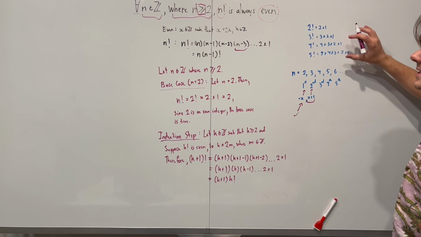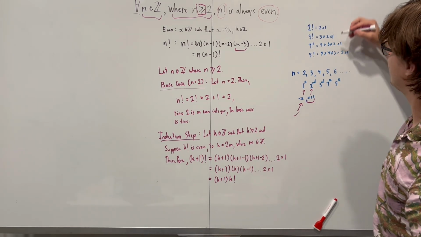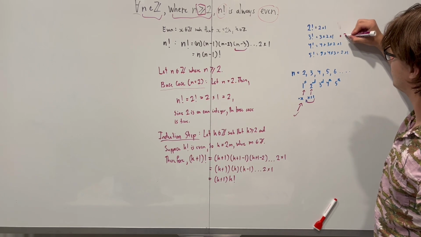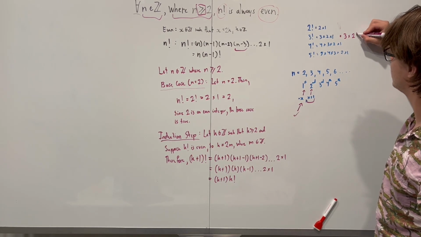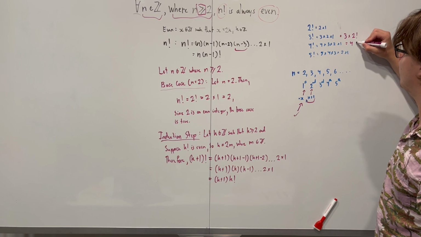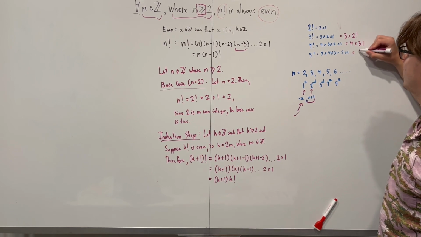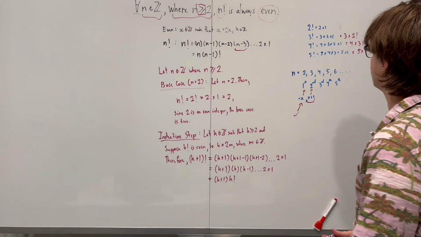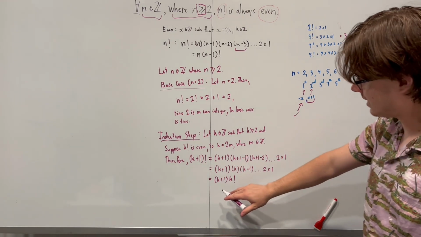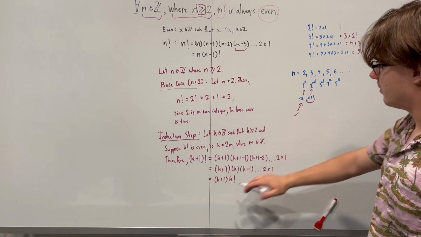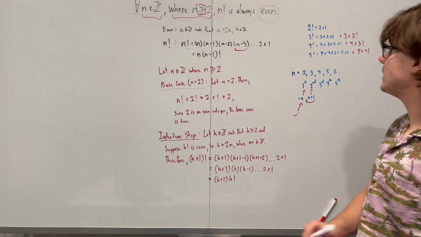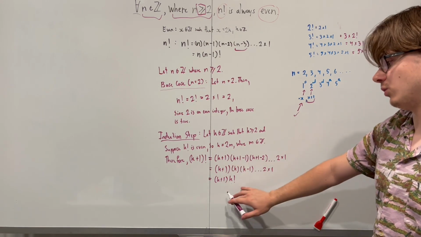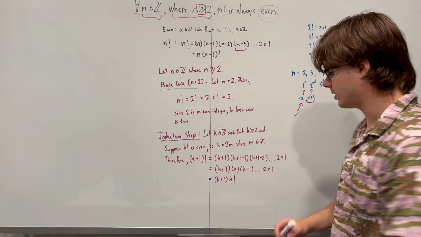Similar to how we did before, where this can be written as 3 times 2 factorial, written as 4 times 3 factorial, written as 5 times 4 factorial, like I said earlier in the video. That's what we're doing here. We're taking the first number multiplied by that number minus 1 factorial, which is k plus 1 minus 1 factorial, which is just k factorial.